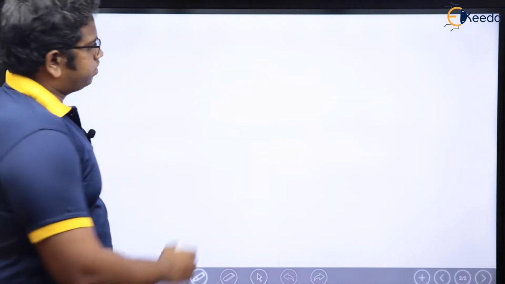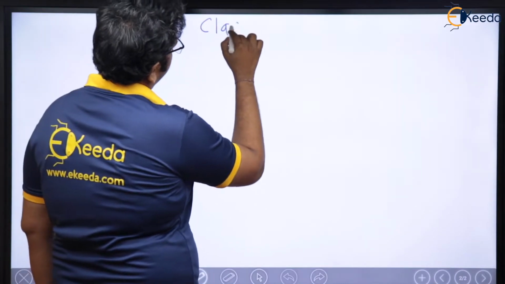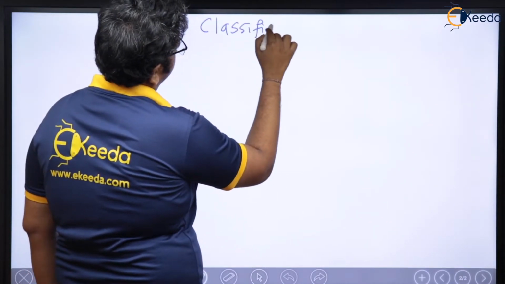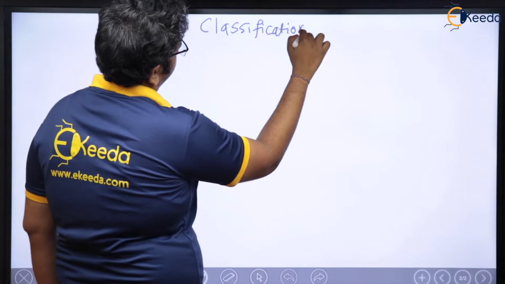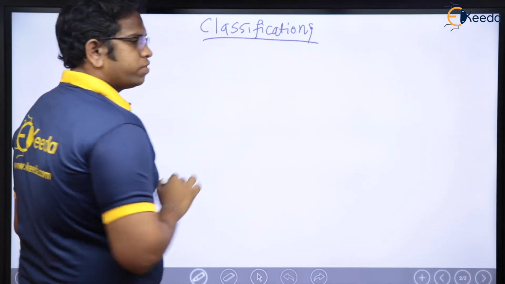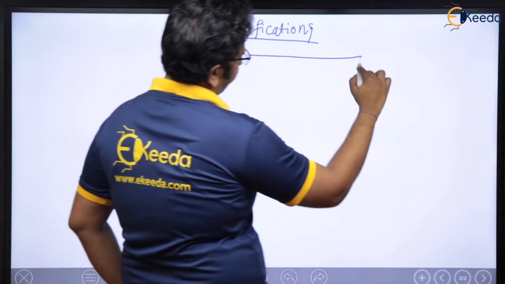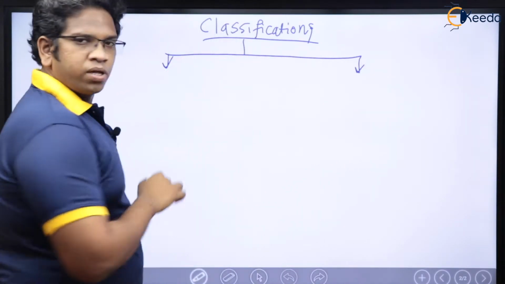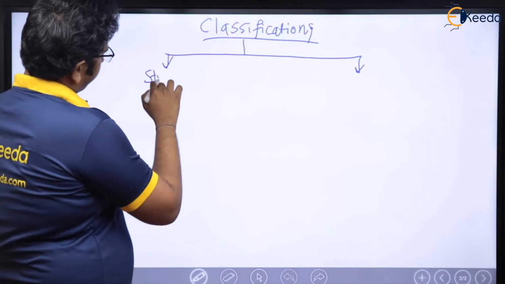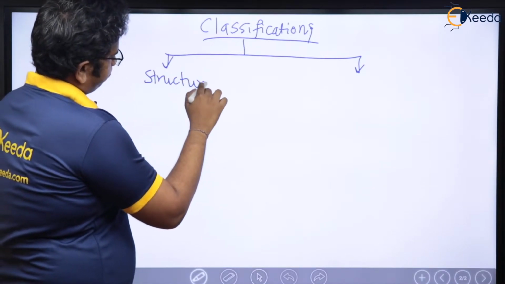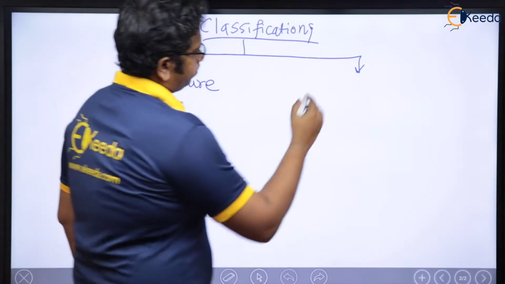Let us try to define some classifications. What are the different types? Classifications of DC motor. Basically, classification can be done on the basis of two things. One is the structure, and the other is the control scheme.